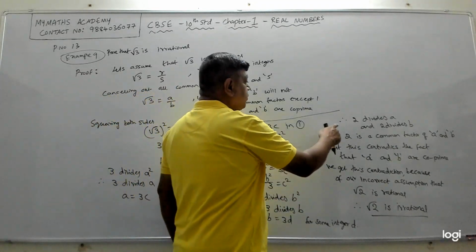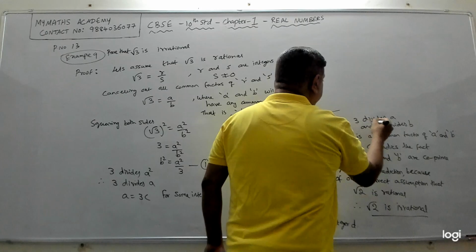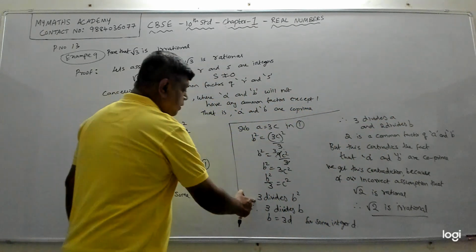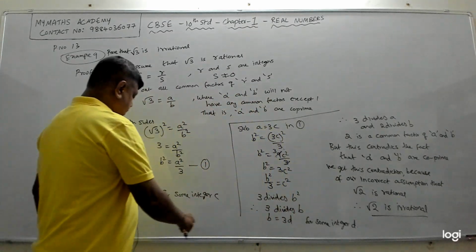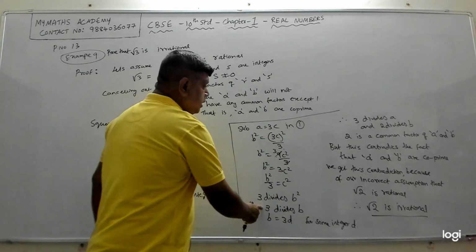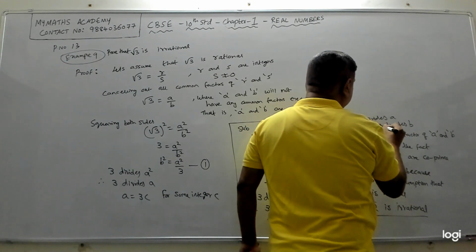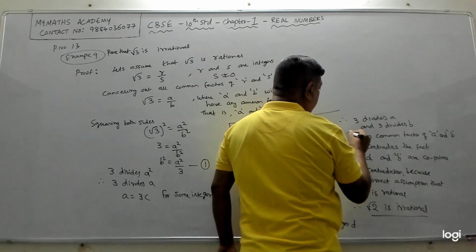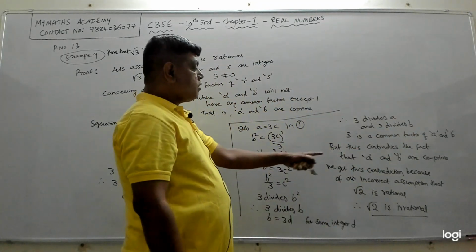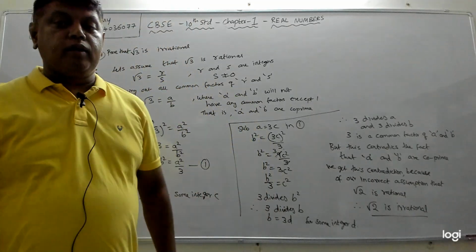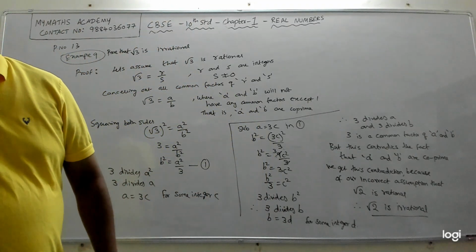Now, therefore, what do we get? We get 3 divides a and 3 divides b, which means 3 is a common factor of a and b. But this contradicts the fact that a and b are co-prime.